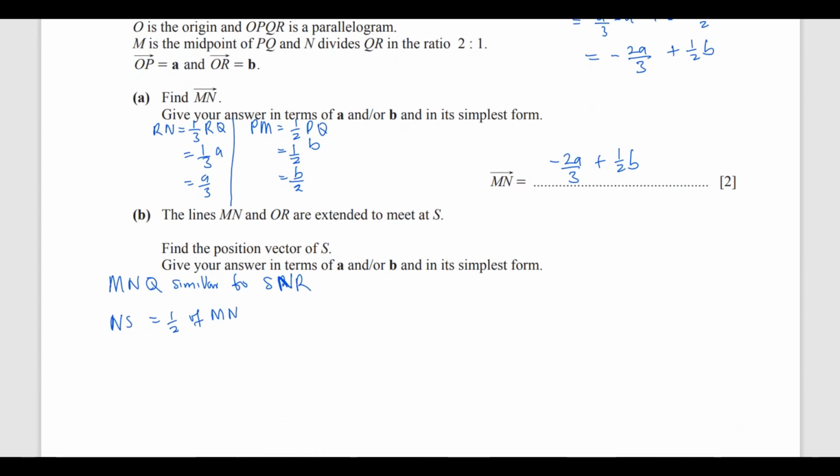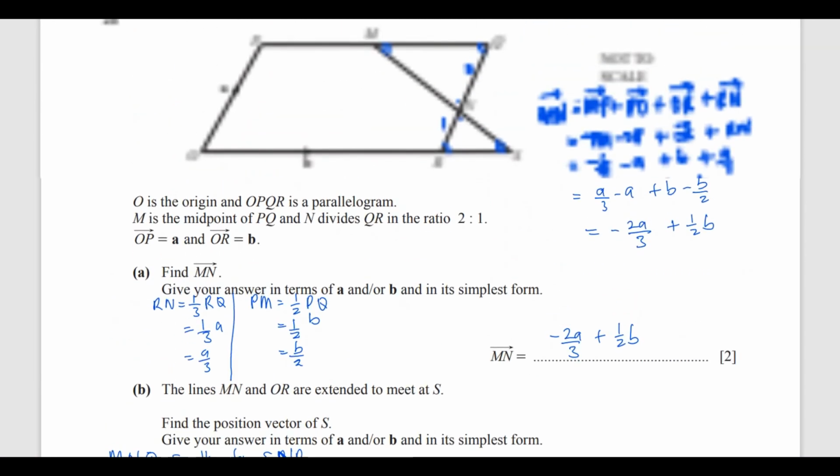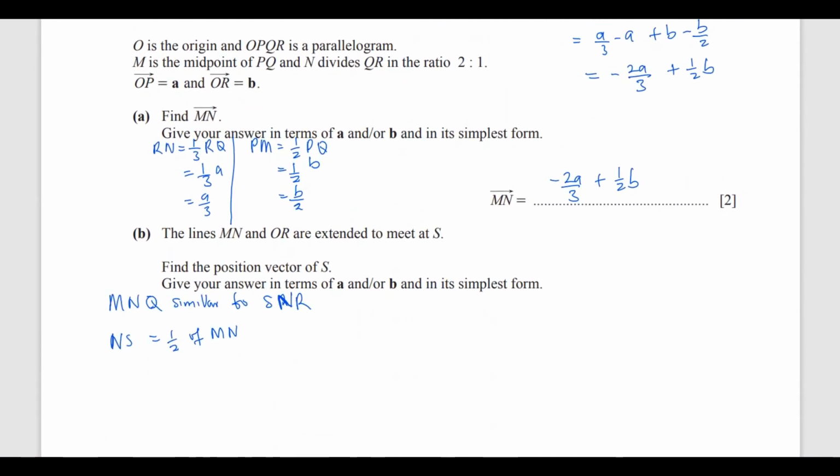What is MN? Then MS, let's say this is half MN, so MN over 2.